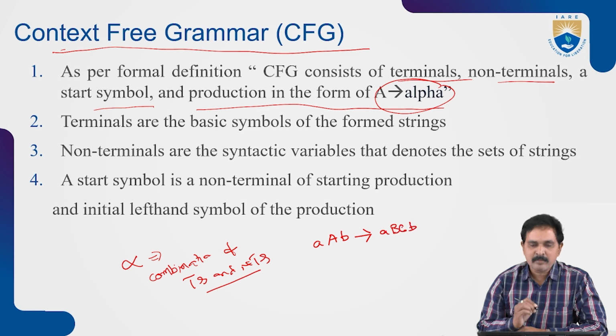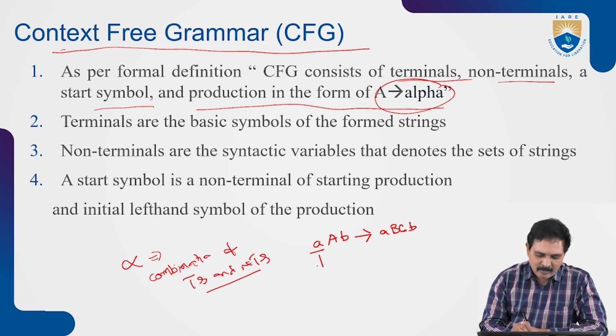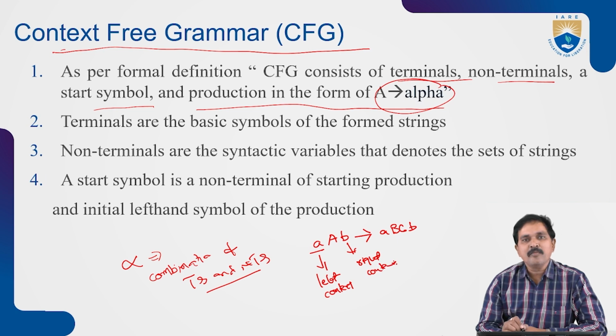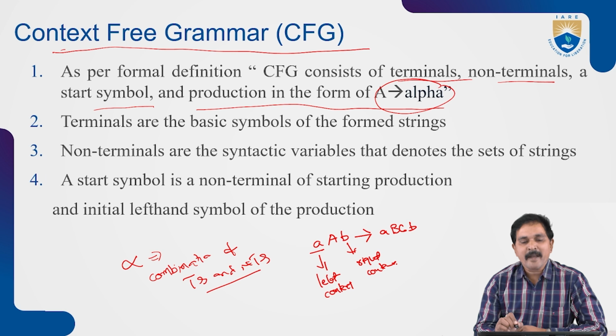This is called the left context, and small b is the right context. In this example, you can see what the left and right context values are.